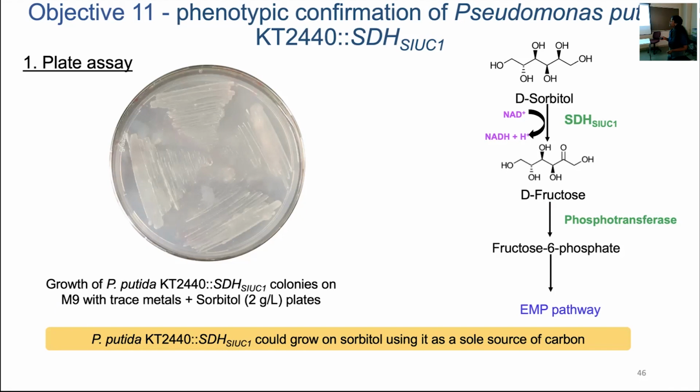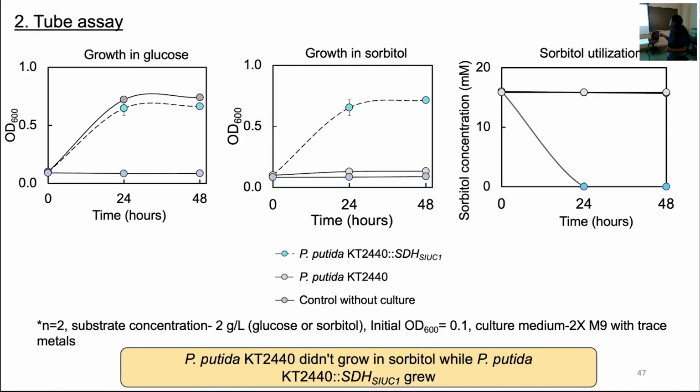For that, first of all, we did a plate assay using sorbitol as a sole carbon source in minimal medium M9. We observed that this strain could grow on sorbitol plates. So that suggests that this might have a sorbitol transporter that can take up sorbitol and funnel it through a biochemical pathway, that might be a pathway like the EMP pathway.